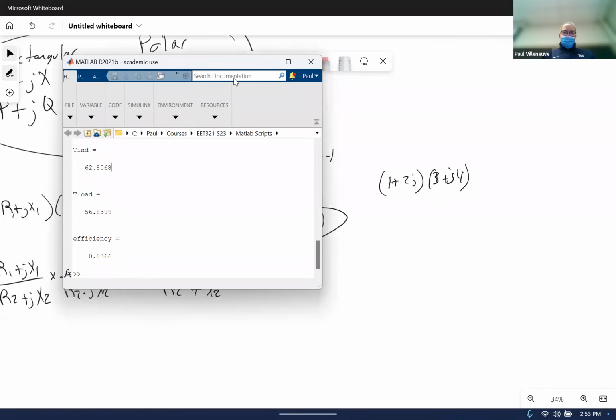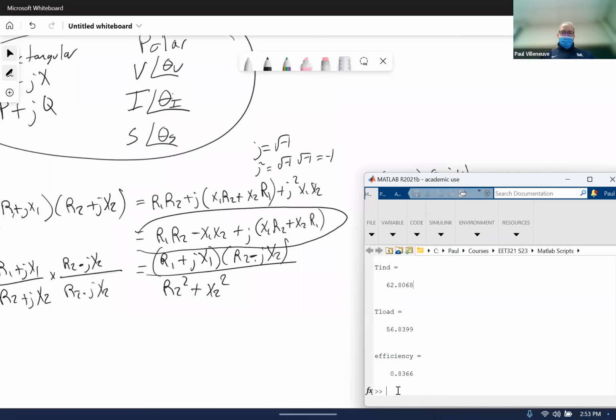Okay, so my equation is, R1 is equal to 1, R2 is equal to 3, X1 is equal to 2, and X2 is equal to 4.